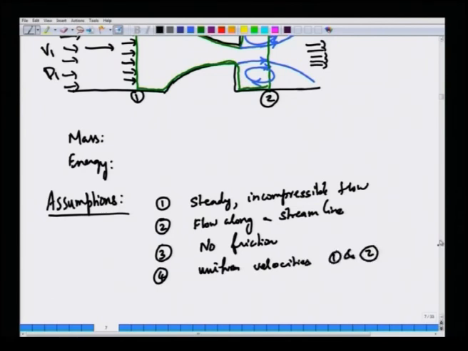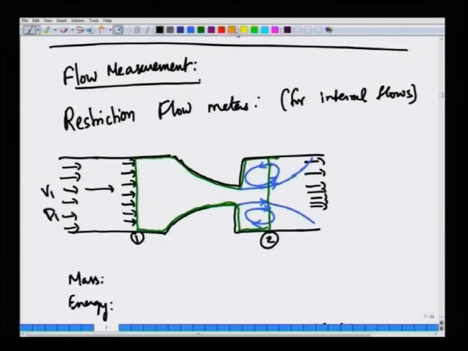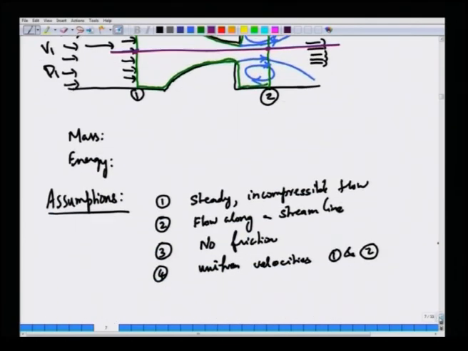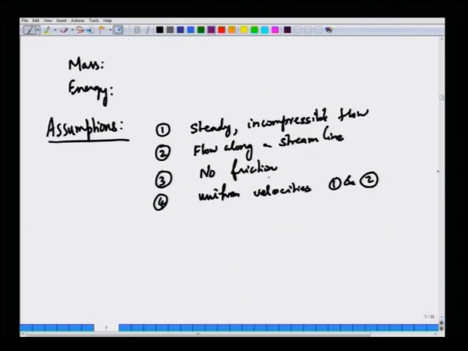So, essentially we are considering a streamline and we will use the Bernoulli equation and correct it later, because we are assuming no friction, no viscous losses. No friction means no viscous losses. Okay. But that is not a good assumption, we will correct it later, and we will also assume that the elevation is the same between points 1 and 2, that is a good assumption.